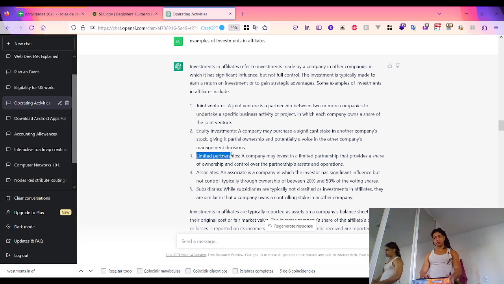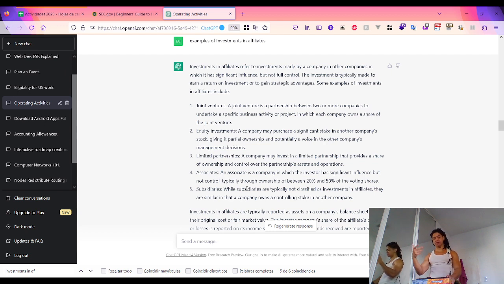So limited partnership. A company may invest in a limited partnership that provides a share of ownership and control over the partnership assets and operations. In other words, a company invests in a limited partnership that has general and limited partners.